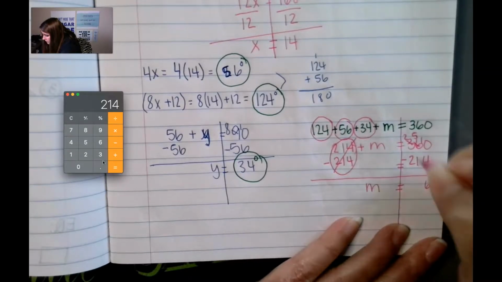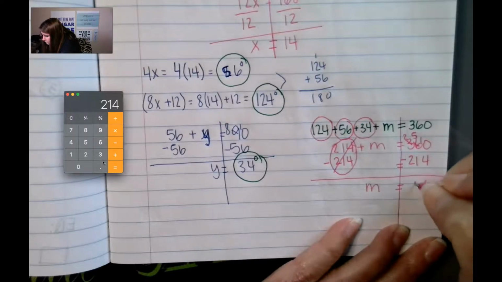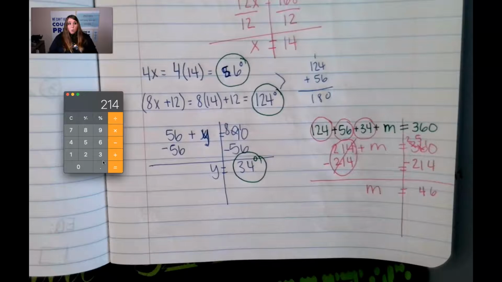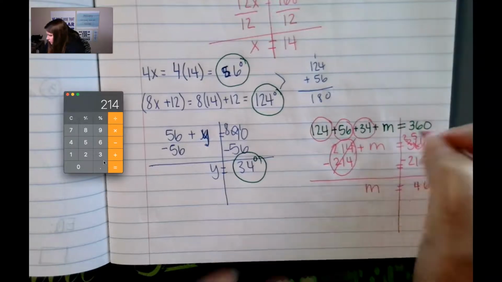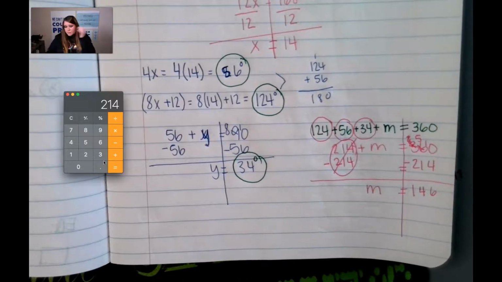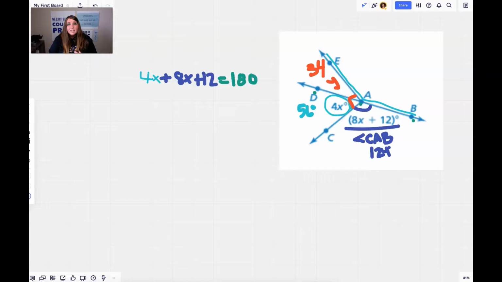So 6, and that becomes a 4. 46 degrees. So our angle measure is 46 degrees. Why did I borrow from here? Oh my gosh, you guys, I am so sorry. It's 146. 146 degrees.